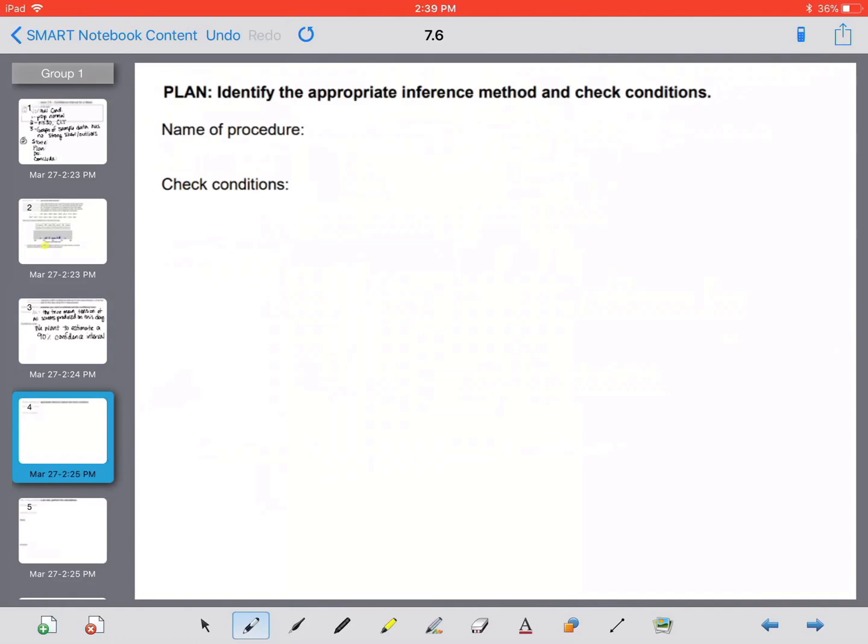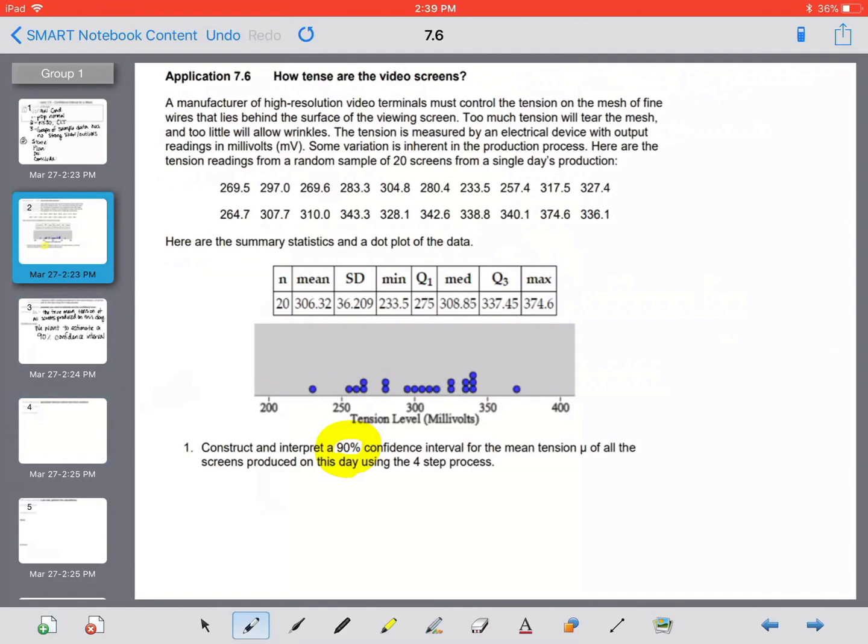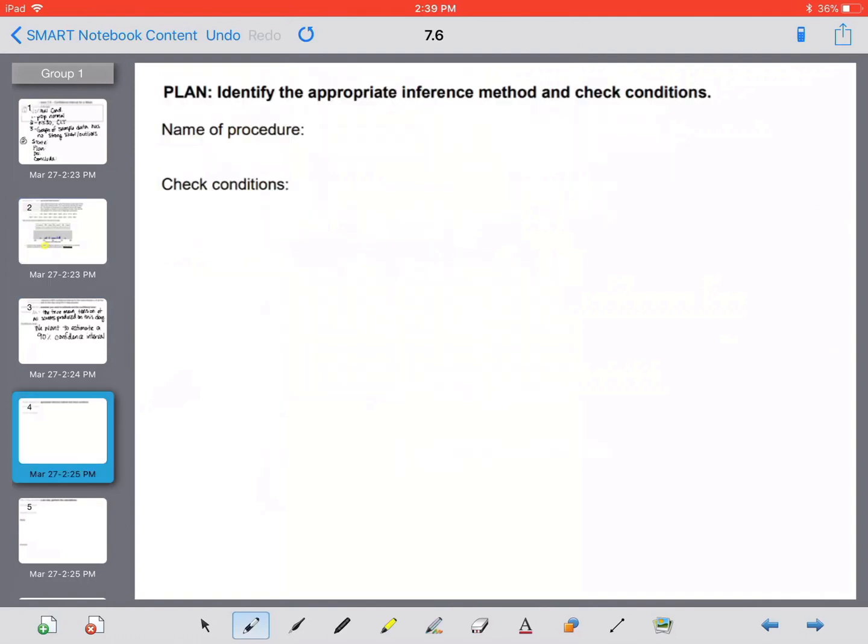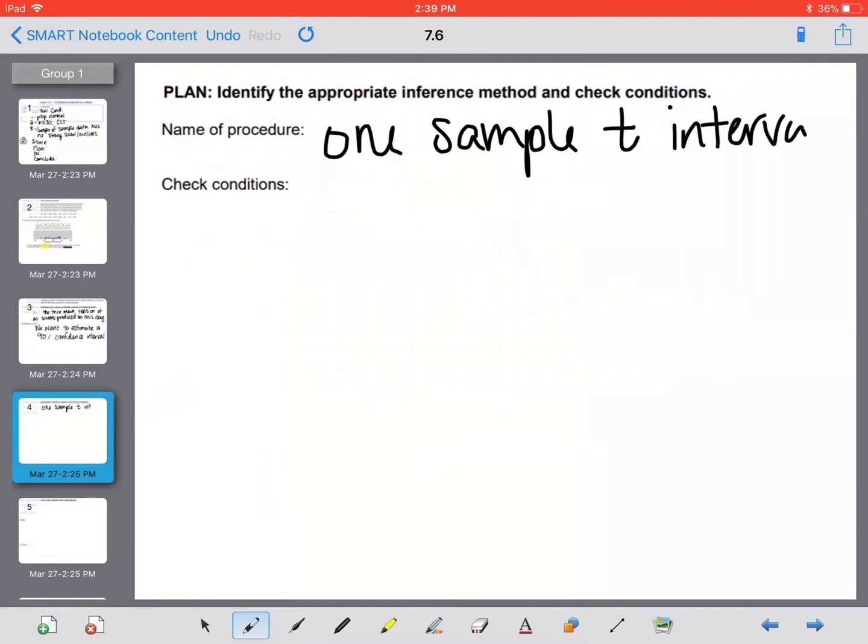The next part is plan. Notice in our problem here, they don't say anything about proportions, they actually say mean, right? So we're going to be using a t. The name of the procedure is a 1 sample t interval for our mean, for mu.